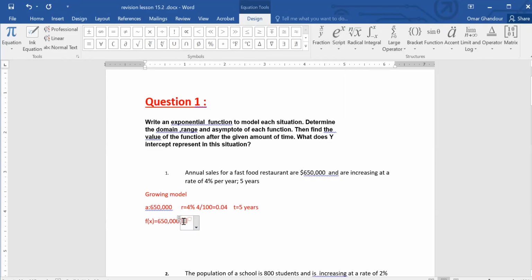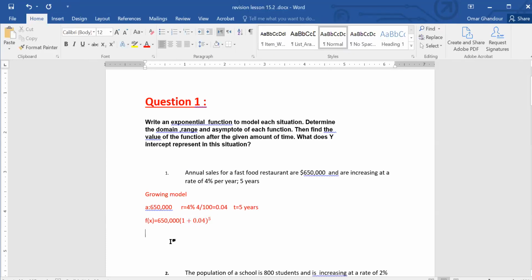So here it's going to be 1 plus 0.04, close the bracket, and then up here I should write 5. So 1 plus 0.04 to the power 5. So here we wrote our exponential function. So the first part is done.